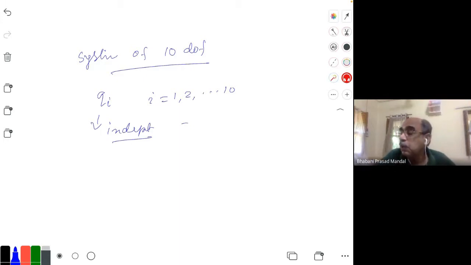In that pendulum problem, I have only one q, q1. Generalized coordinate means that you just put some independent variables and demand that they describe the system. If they describe the dynamics of the system, then you can say that those are generalized coordinates.